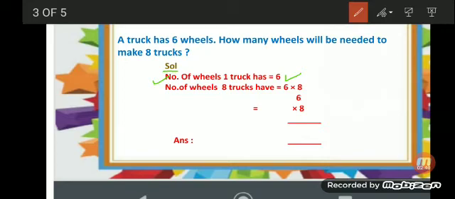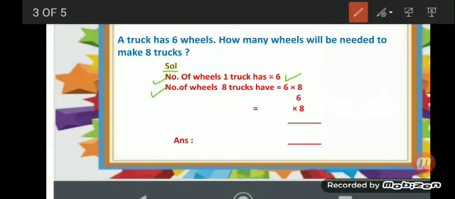Now we read the next part of the question. How many wheels will be needed to make 8 trucks? Then what do you understand? Here we have to find out the number of wheels for 8 trucks. Then this will be statement number 2. So how will we make the statement?